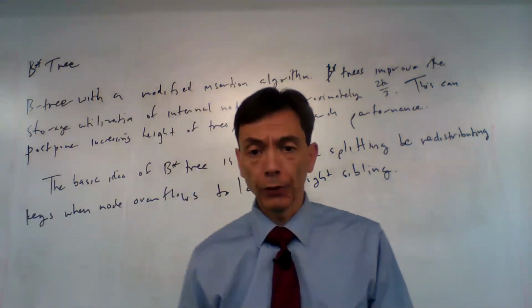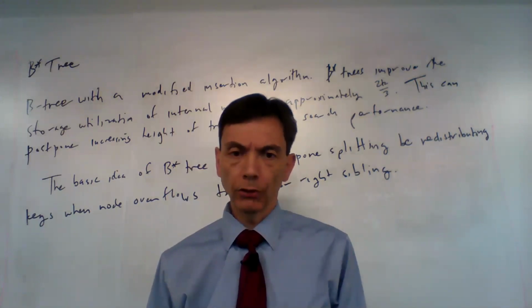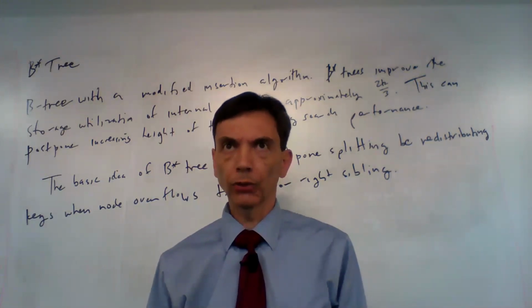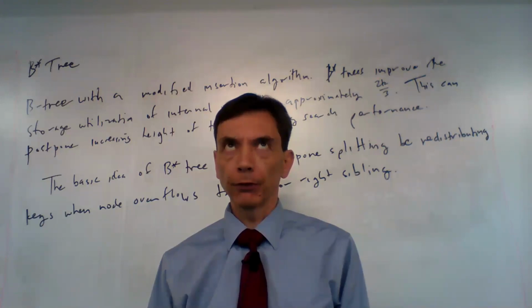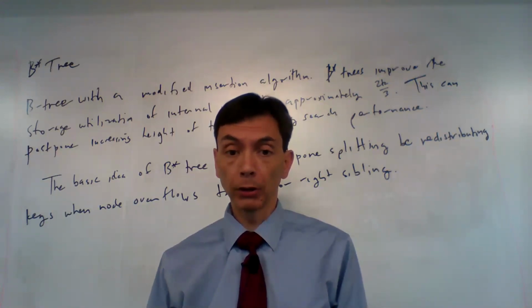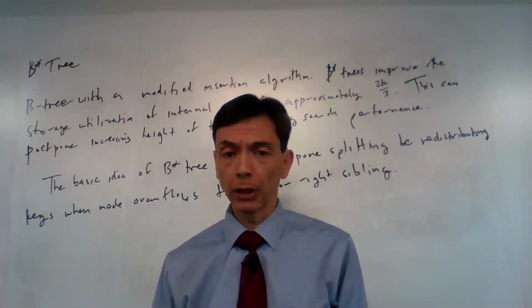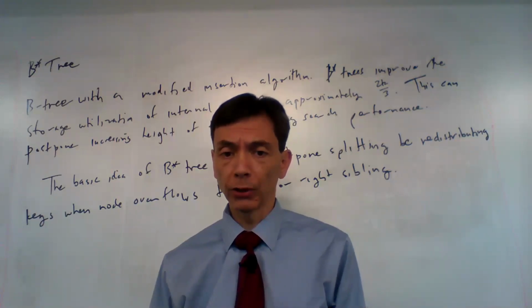Okay, so if you think about it, this is very similar to the way that the deletion algorithm works. So what we're saying is if I'm full and you're trying to add something to me, normally I would have to split it into 2 half-full pieces and then promote my median to the parent. But maybe instead of doing that, I can look to my left and look to my right and see if there's any space in either sibling.